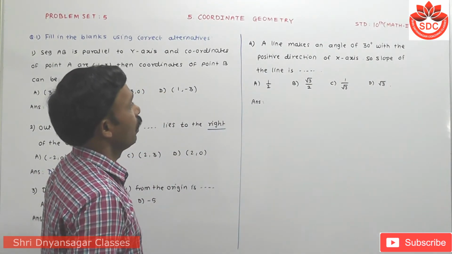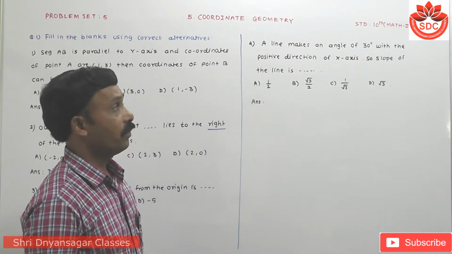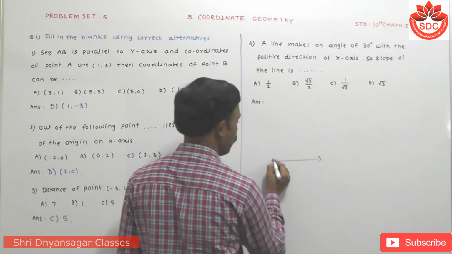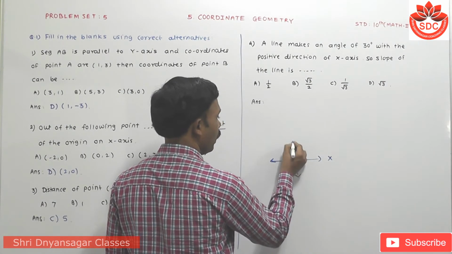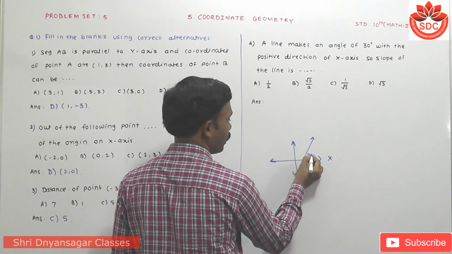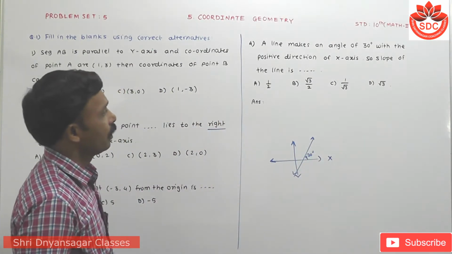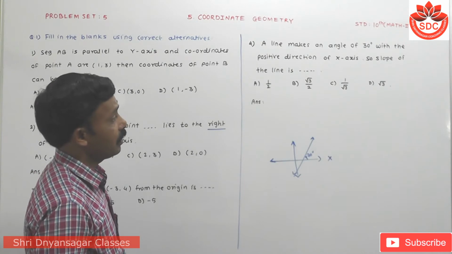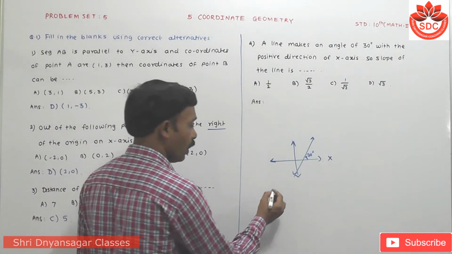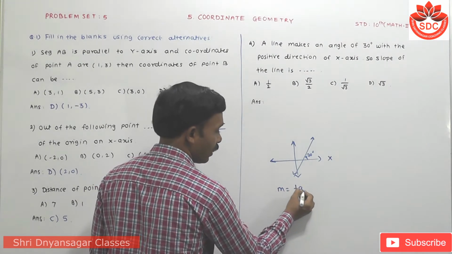Okay, we take the last MCQ. A line makes an angle of 30 degrees with the positive direction of the x-axis. Suppose this is the x-axis and this is the y-axis, and this is a line which makes an angle of 30 degrees with the x-axis. Then the slope of the line is dash. We know the slope of any line equals tan theta.